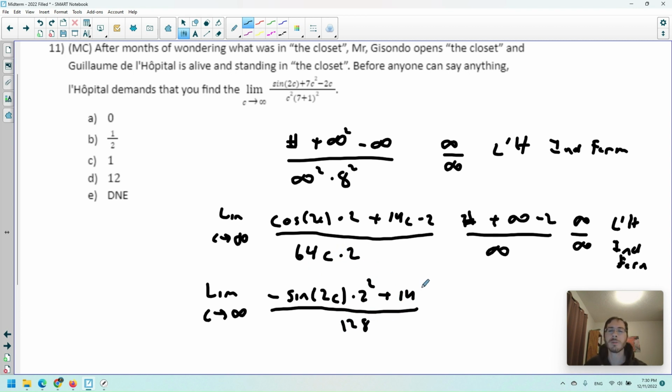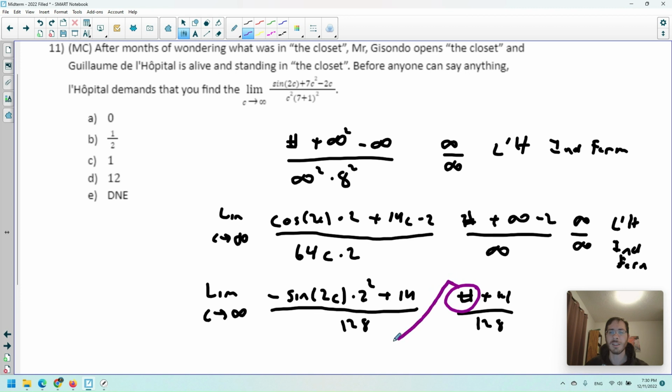All right, well, let's plug in infinity and see what we get this time. This time when we plug in infinity, we get a number plus 14 over 128. Now, the thing is, this number, we don't really know what this number is because this number is dependent on sine. So this number is going to oscillate.